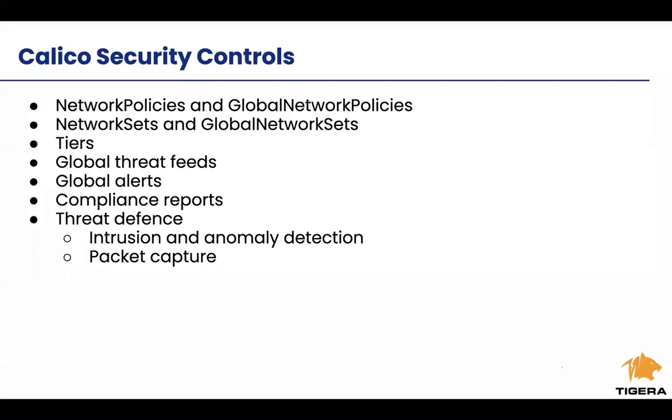There are policy tiers allowing you to create the hierarchical structure for your policies. There are such features as global threat feeds, global alerts. You can generate compliance reports for compliance teams that becomes very useful to prove the compliance within the cluster. And threat defense capabilities such as intrusion, anomaly detection, automated packet capture.